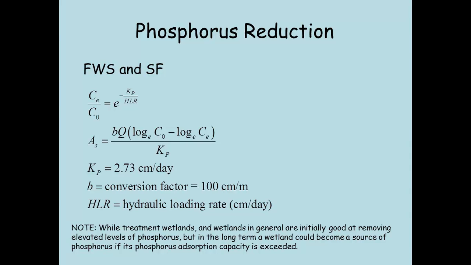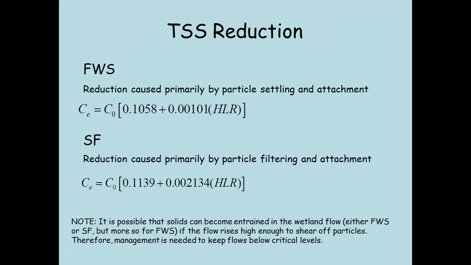That would give us units of meters per day and can be converted to centimeters per day. But that hydraulic loading rate does not have to be calculated directly in the determination of the required surface area of the wetland to get sufficient phosphorus reduction.